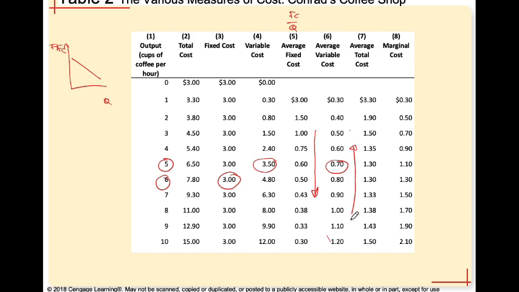Ignore the fact that these lines don't make a lot of sense. This value is increasing as quantity goes up, whereas for the average fixed cost, this value is falling as quantity goes up. Average variable cost started off with 0.3, and it keeps on increasing till it's 1.10.